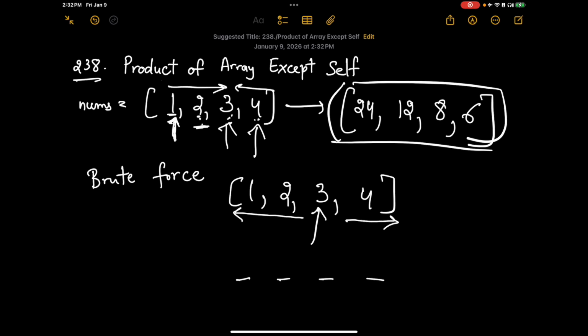The left side multiplication is 2 cross 1 and the right side multiplication is 4. In the end you can just multiply 2 cross 4 which is 8, and for this 3 the answer is 8. So I think that's good.